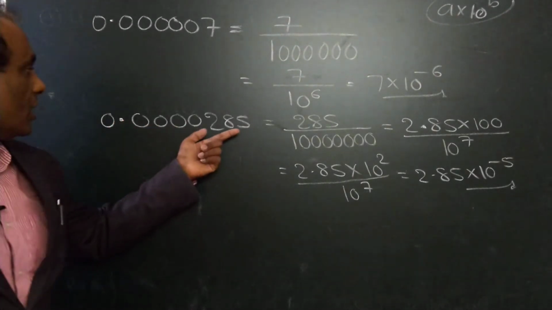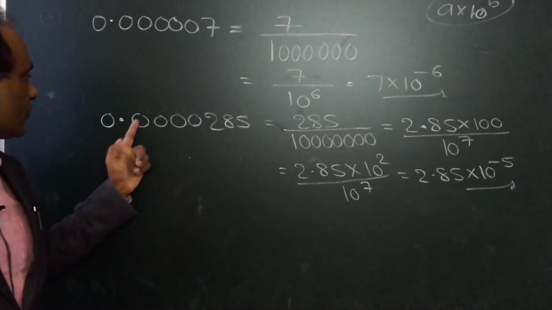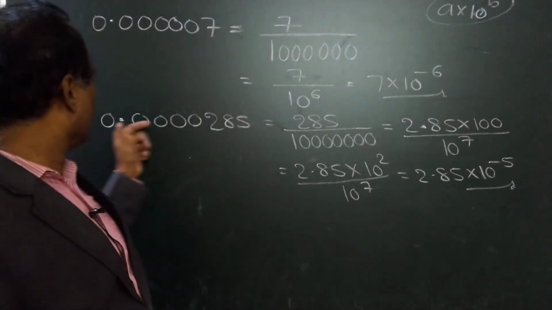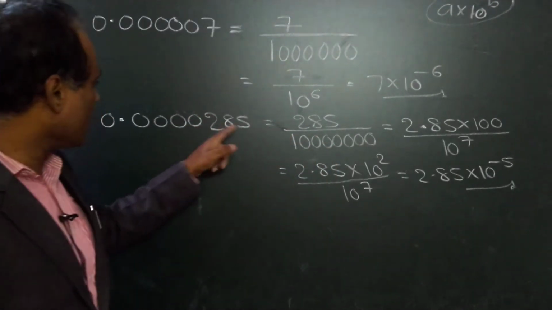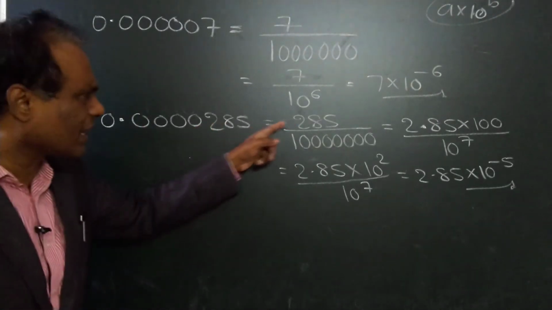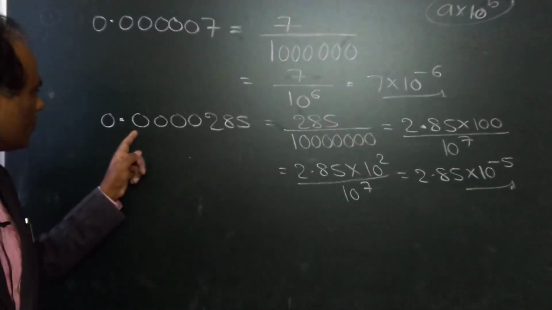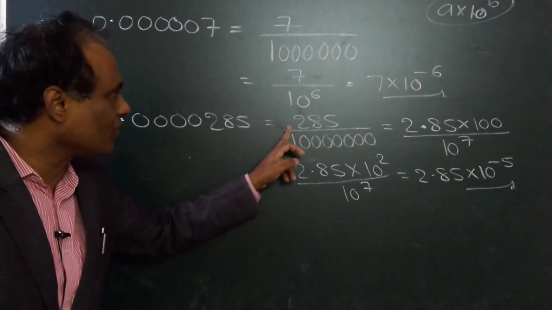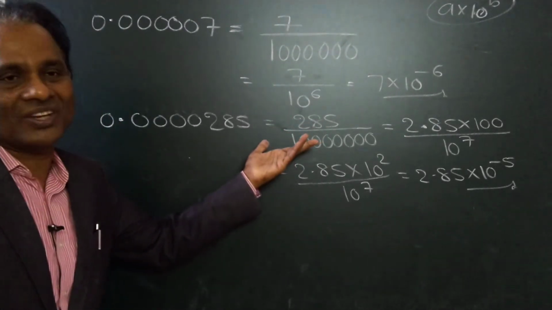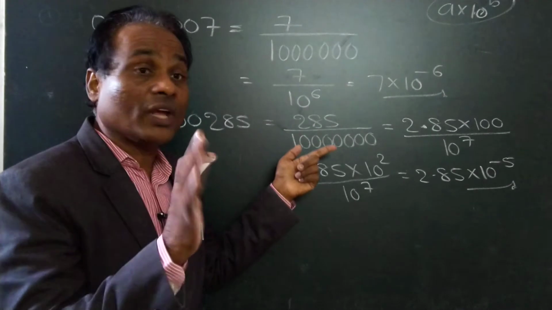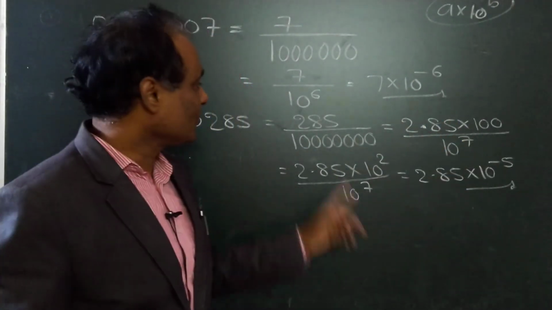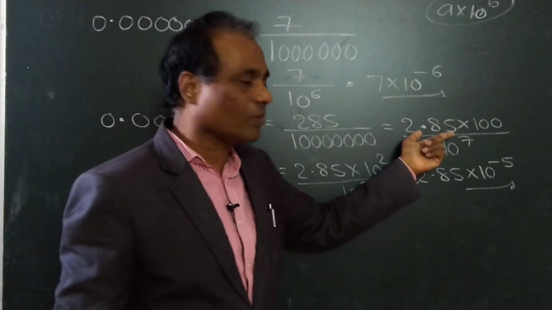So here 7 digits removed, decimal is removed. Before the decimal there are some zeros, which we don't write here. After the decimal zeros we can write, but before 285, if you write 0, it is 285 only. Now it should not be 285, it should be 2.85. So how to change 285 as 2.85?